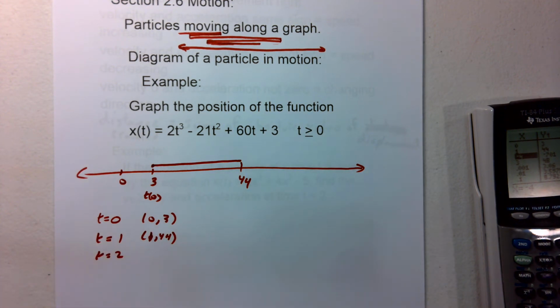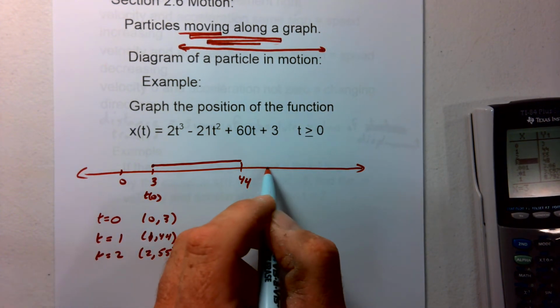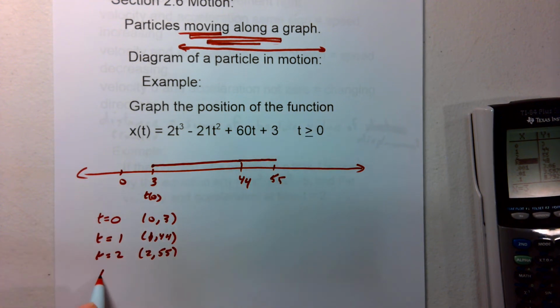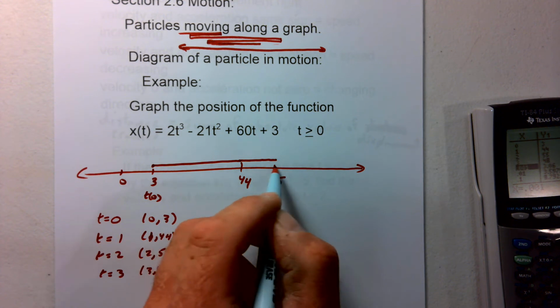At time 2, if we type 2 into our calculator, we get 55. So we're going to continue out here to 55. And then at time 3, we end up with 48. So at 55, we're coming back now.